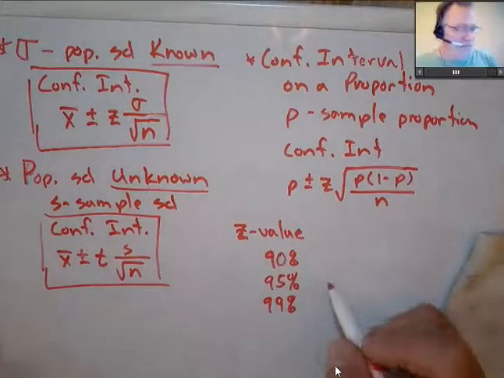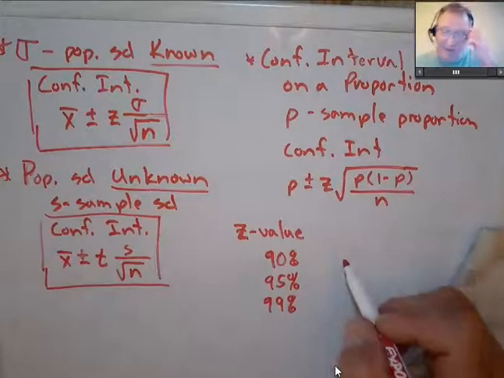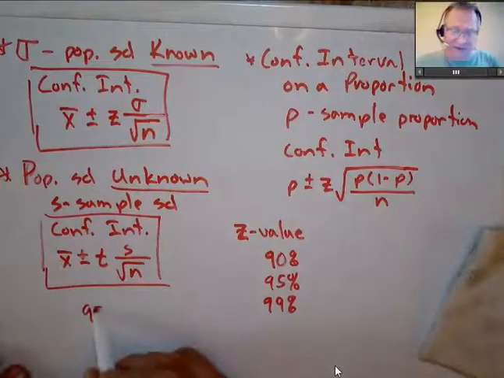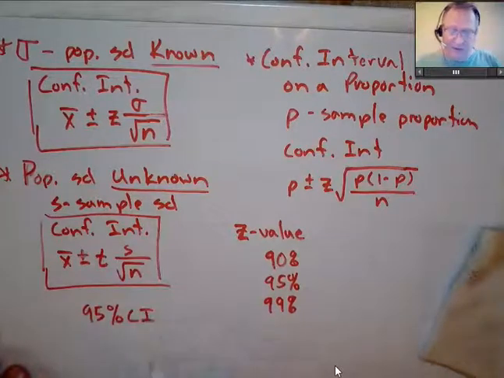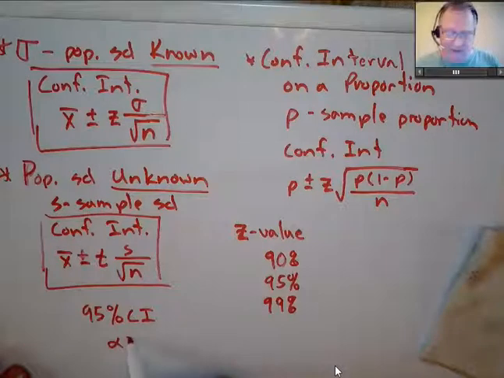And what we have to do is, if we're looking for a 95% confidence interval, we have to find an alpha level. And alpha we define as 1 minus the confidence level.